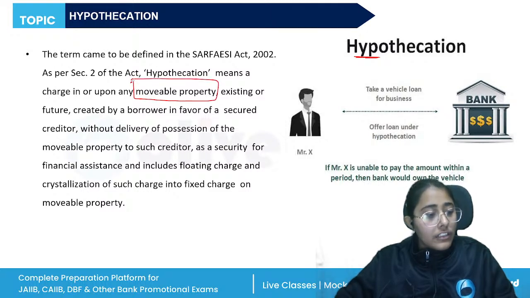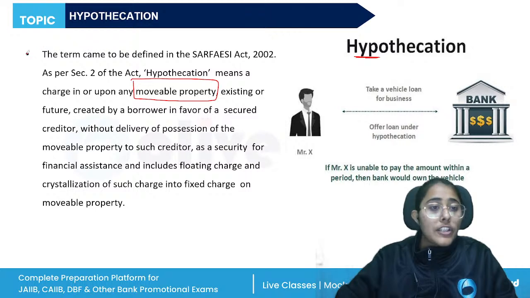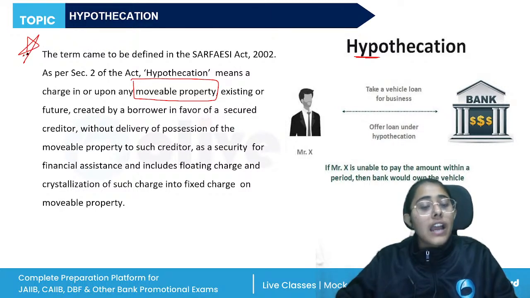In mortgage, we studied the charge was created on the immovable property, but in hypothecation, it is made upon any movable property. Now, a very important question that has been asked in the previous examination: under which act has hypothecation been defined? So, this term came to be defined in the SARFAESI Act of 2002.